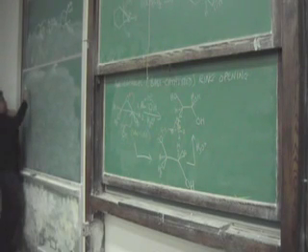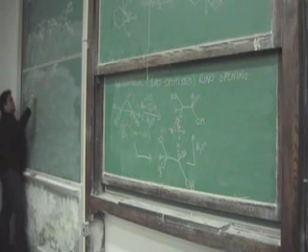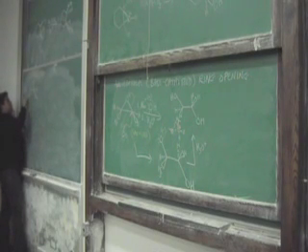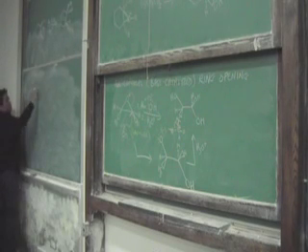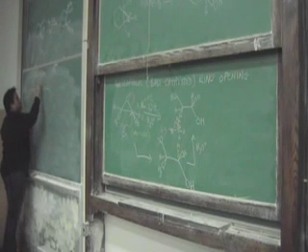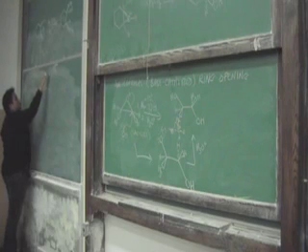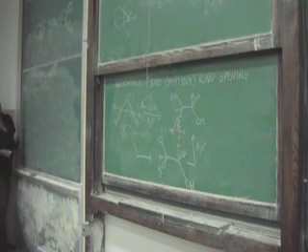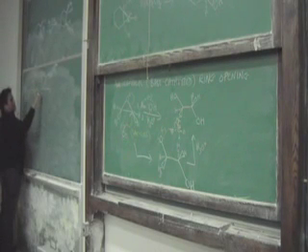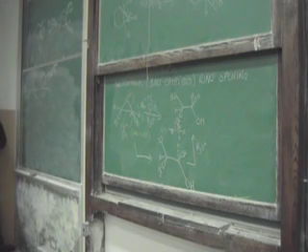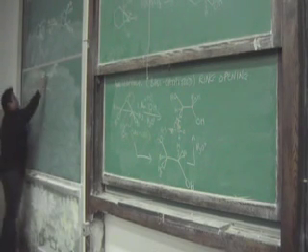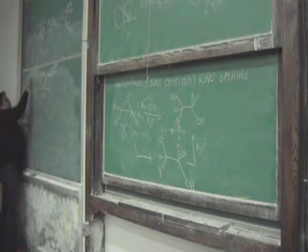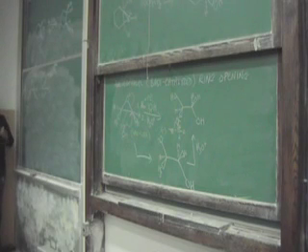So let's see. So if we treat this epoxide with phenyl magnesium bromide as our Grignard reagent, the Grignard reagent acts as an anion, so it's going to attack the less substituted side.